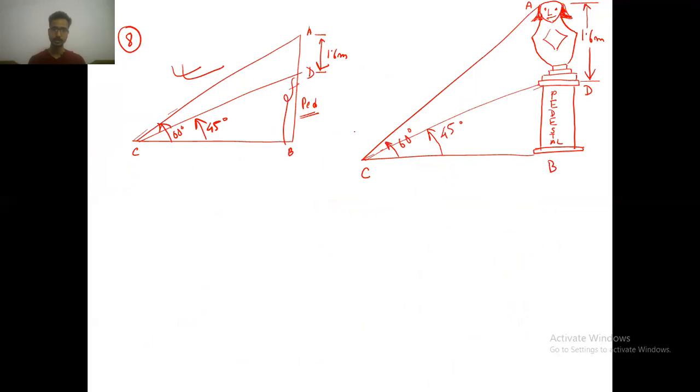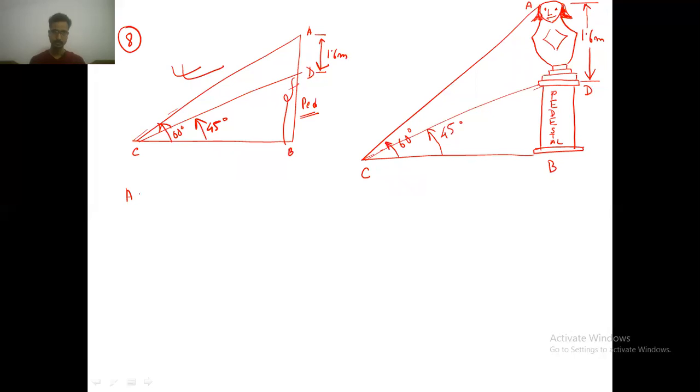Yes or no? Same. First, you have to take the bigger triangle. That means first you can write the statement. In the figure, BD is the pedestal, AD is the statue, then angle ACB is 60 degrees, angle BCD is 45 degrees. You can write these things. Now, first you have to take the bigger triangle ACB.